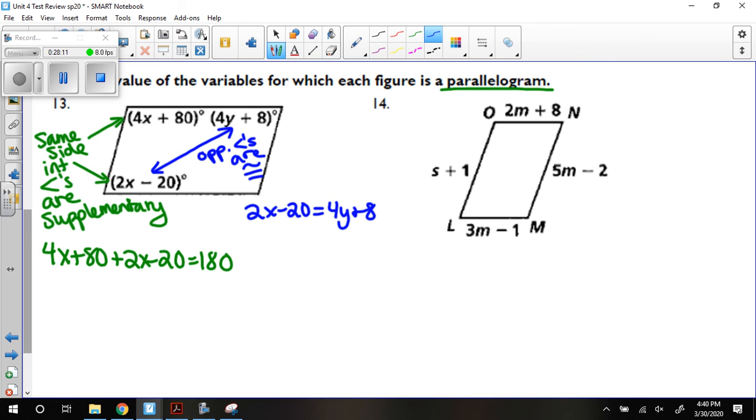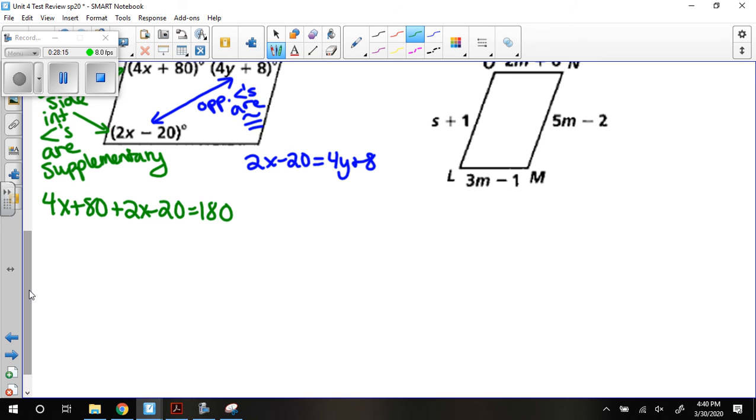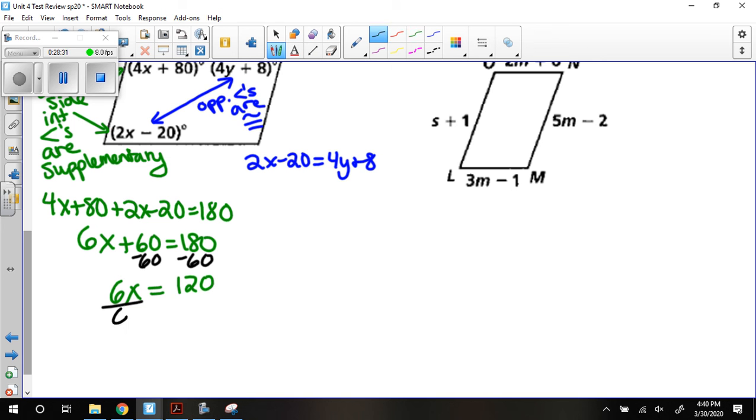So I'm going to focus on my supplementary angles first. If I combine my like terms, we've got 6x plus 60 equals 180. We can subtract the 60. Got 6x equals 120 and divide by 6. So x is 20.